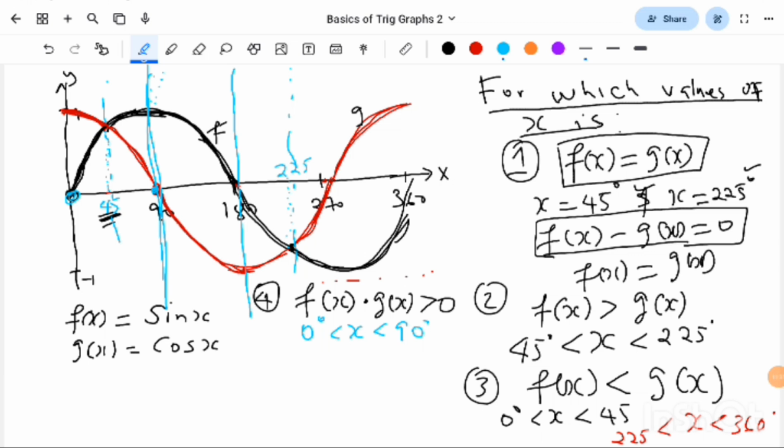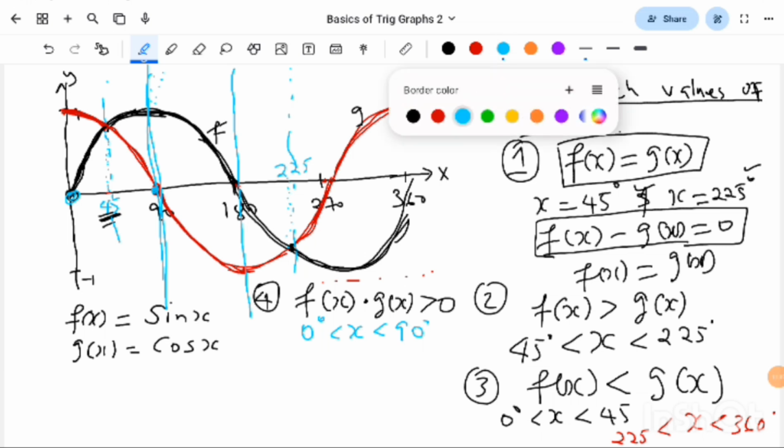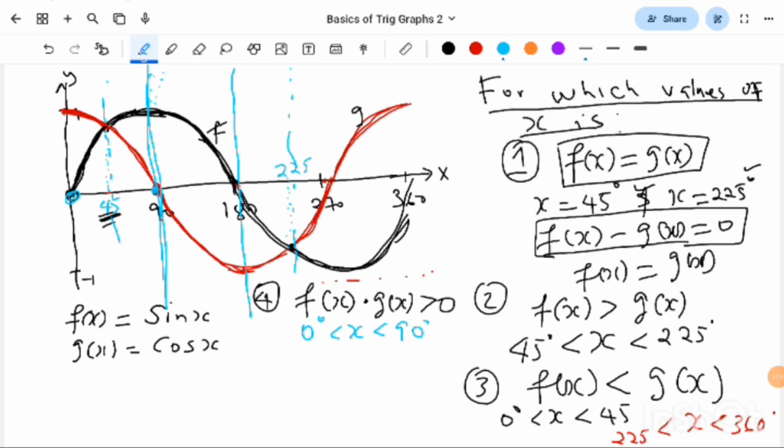But between 180 and 270, right? Between 180 and 270, both my graphs are below the x-axis, which is where I want them to be, either above the x-axis or below the x-axis.